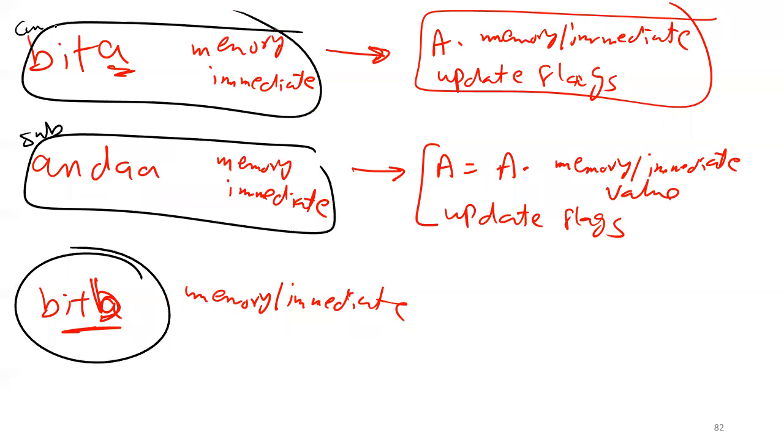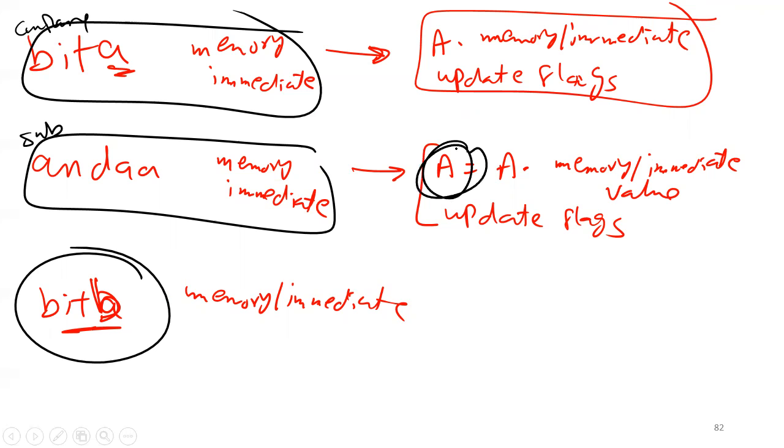BIT A is going to do the AND operation and update the flags, but it's not going to change A. It's not going to store the result anywhere. This makes more sense because I'm not interested in the result. I just want to update the flags because I want to do a comparison or check. But if you do AND, it's going to do the same thing, but it's going to update A.